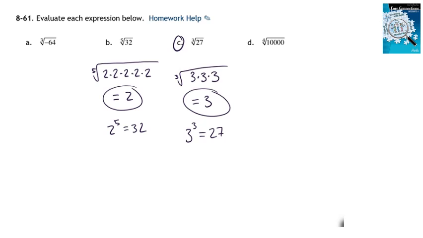There's my answer for B and A. Now, A, oh, that's B and C, not B and A. A is, I'm going to multiply the same thing. I'm going to have 3 identical factors that have a product of negative 64. And I believe that's actually negative 4. Because if I multiply negative 4 times itself, I get 16.